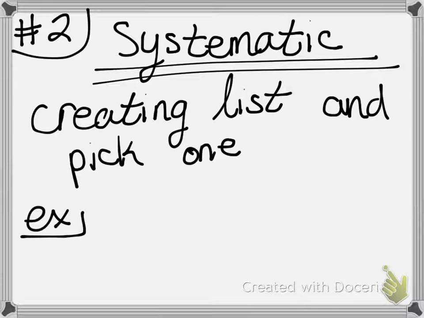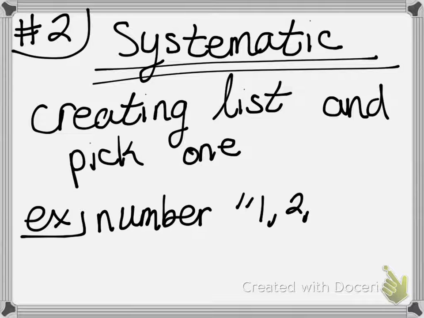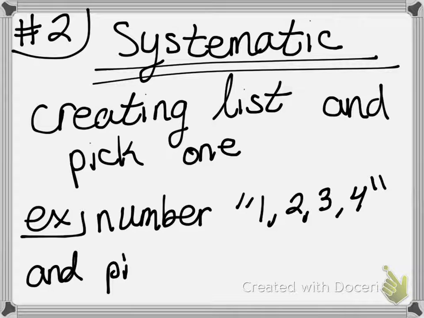An example is like in class when we number everybody off 1, 2, 3, 4, and you continue that. 1, 2, 3, 4, 1, 2, 3, 4, and so on. And the teacher picks the number 4 to answer a question. That would be systematic.